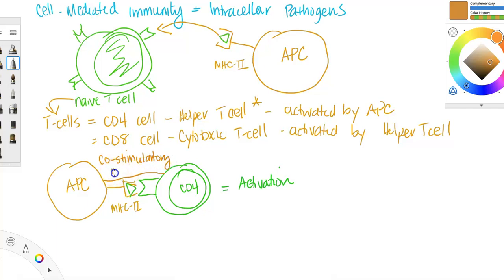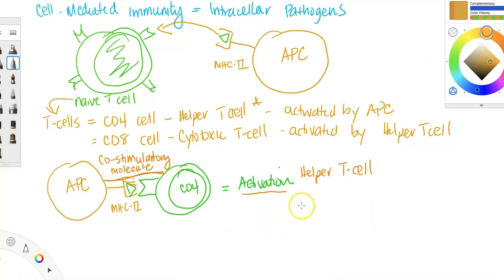So it has to have this co-stimulatory molecule, and if it has that and it's bound, we get activation of a helper T cell. So it is activated.